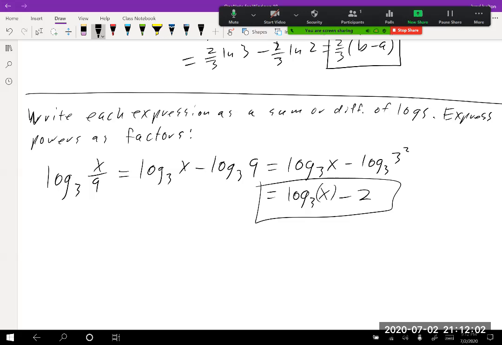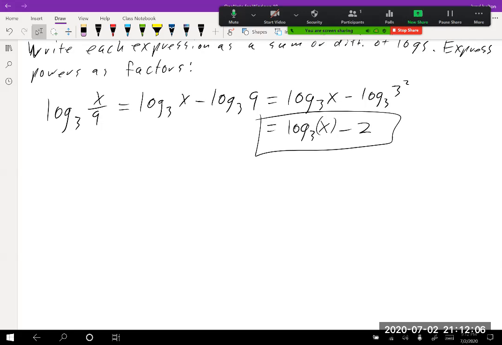So that would be the answer. So that's what I'm talking about when I say it that way. So let's look at another one. Let's say we have the natural log of x e to the x, and over here, the natural log of e over x. Let me see if I have a better one.